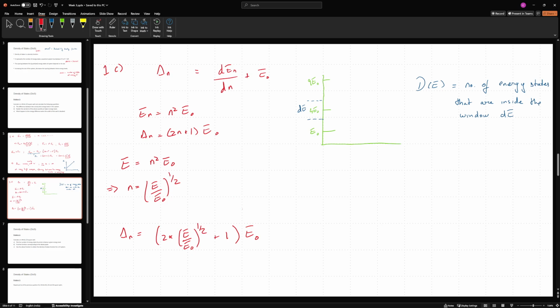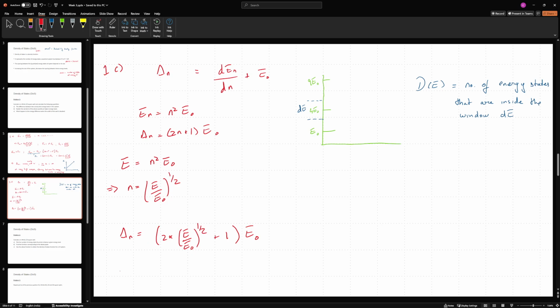So now the entire equation for delta n is written in terms of constant parameters. E naught is a constant that depends on the size of the system, and E is the energy at which I would like to probe.